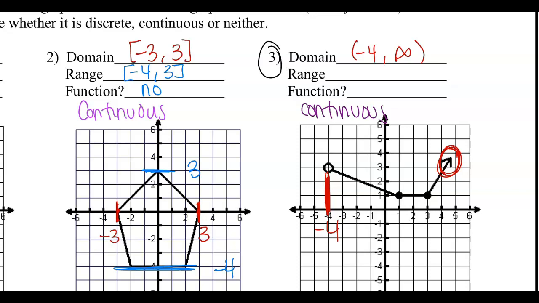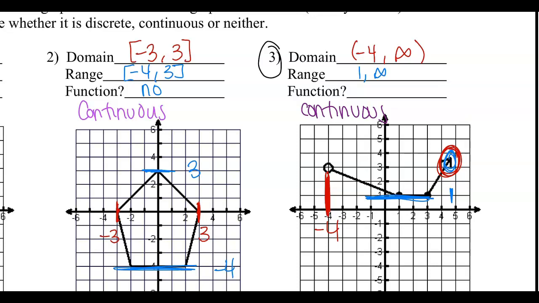The range goes from the bottom of the graph to the top. So starting at the bottom of the graph, you should have run into +1 first. And then at the top of the graph, you're going to run into this arrow because this arrow, we've already talked about, is going to keep going all the way towards infinity. So we're going to start from 1, and it's going to go all the way up to positive infinity.